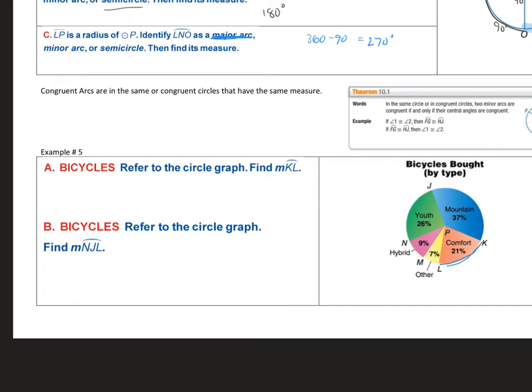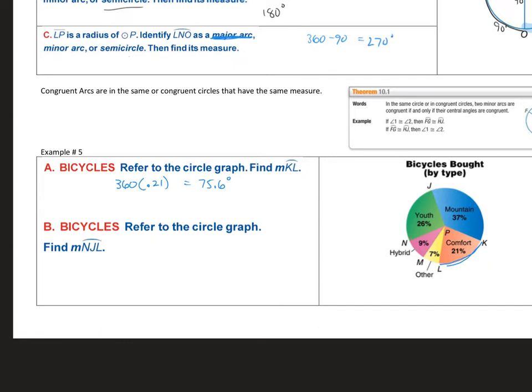In order to find that angle measure, I'm going to do 360 times 0.21. If I multiply that, it tells me that that central angle is 75.6 degrees.